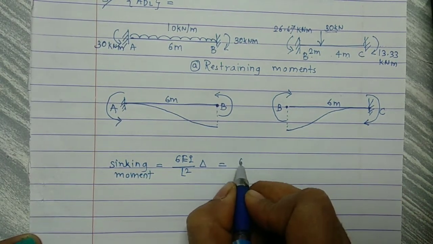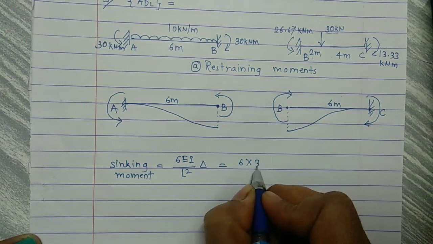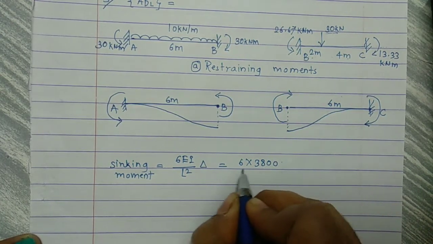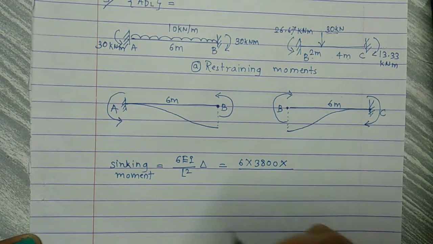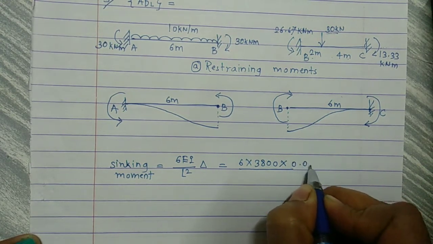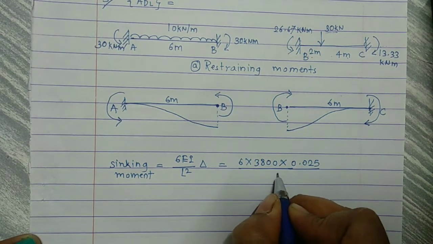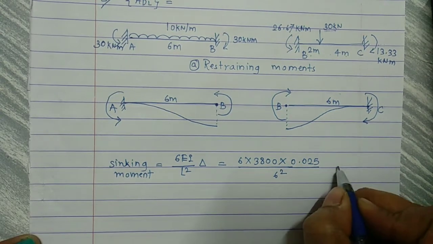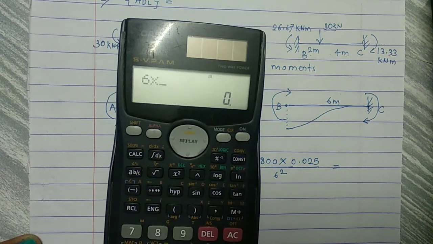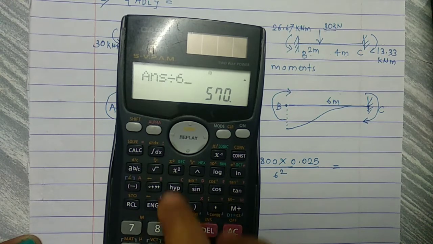Sinking moment. So 6 into EI, EI value is given as 3800 in the problem statement, into this delta that is given as 25 mm, converted to meter, that is equal to 0.025 meter, divided by L square. L is 6 meter, so 6 square. So calculate 6 EI upon L square delta: 6 into 3800 into 0.025 divided by 6 square.